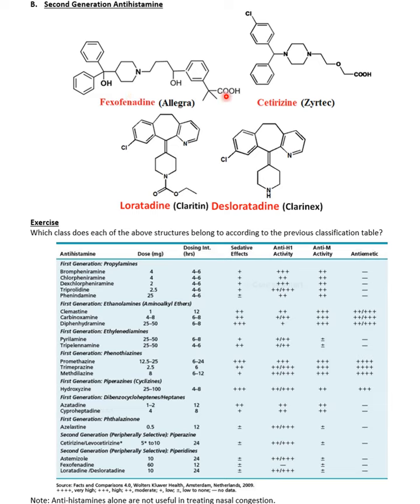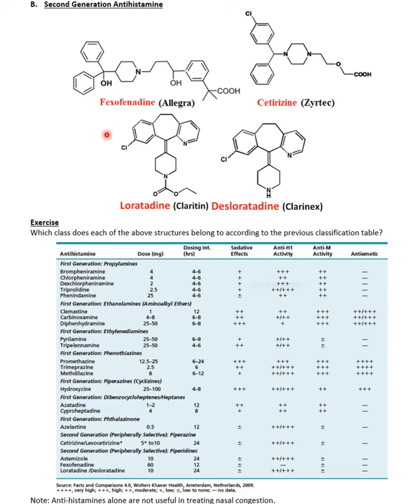You would see groups like the COH here, and then the nitrogen here that causes the ionization, and then we have this ester here that breaks and also causes an ionized functional group. So with these kinds of structures, second generation antihistamines are less likely to cross the blood-brain barrier and cause the central effects we discussed in the first generation.